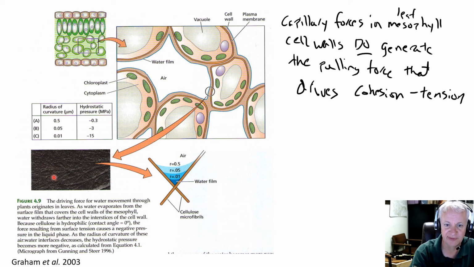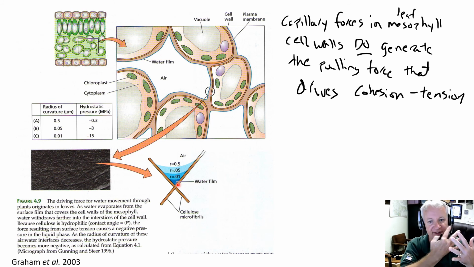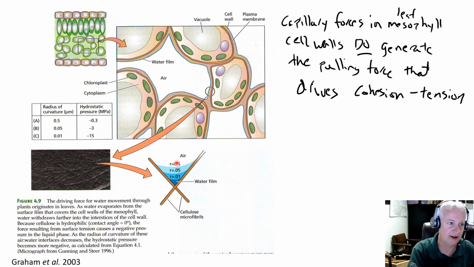And it should look familiar. I've showed you images of cell walls, which are just a bunch of cellulose microfibrils laid down across each other to make that cell wall. Okay, now we're zooming in even more. Here we're zooming in and showing just two cellulose microfibrils where they cross in that cell wall. Those two cellulose microfibrils make a little pocket.